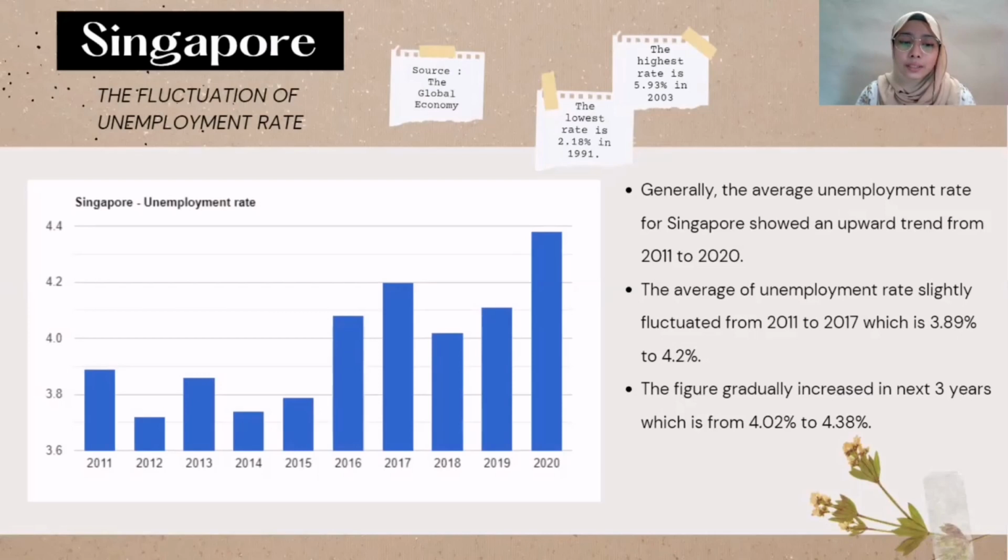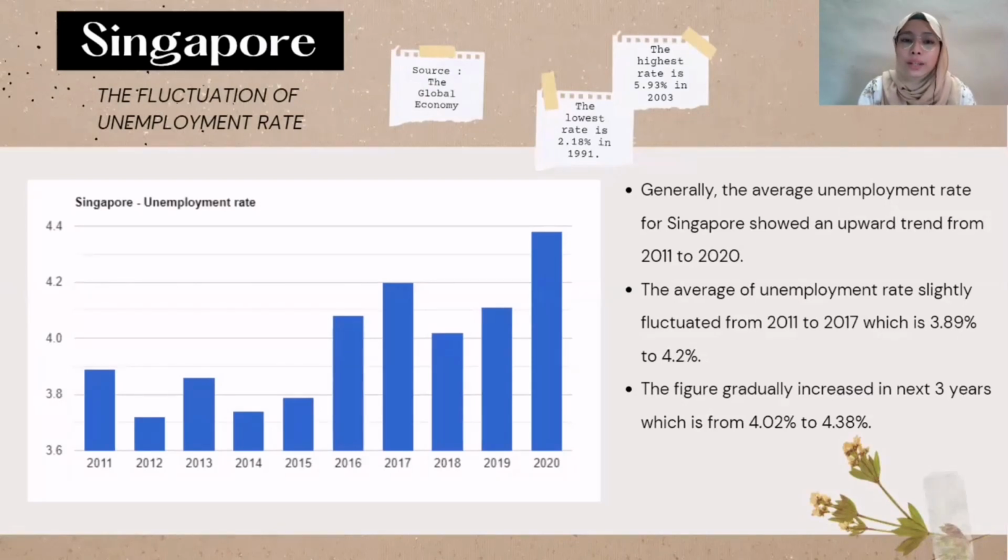Next, the figure gradually increased over the next 3 years, from 4.02% to 4.38%. For additional information, the highest rate is 5.93% in 2003, while the lowest rate is 2.18% in 1991.